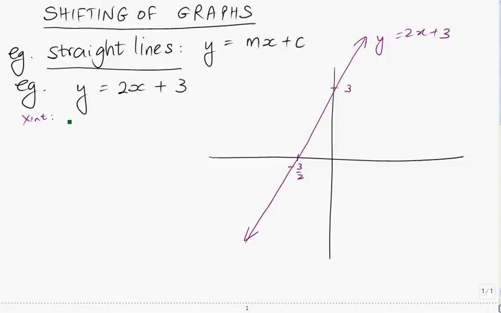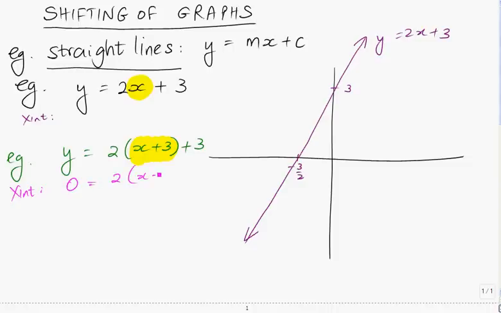Now, what happens if we consider the graph y equals 2 of x plus 3, plus 3? What is the impact of having x plus 3 here compared to having x there? If you work out the x-intercept, we put y equal to 0, so we get 2 into x plus 3, plus 3.